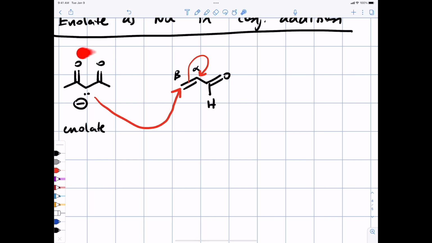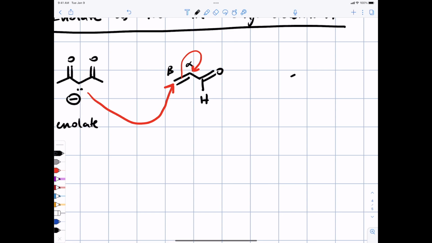In general, if you have an enolate and an alpha beta unsaturated carbonyl compound, you're going to do the conjugate addition reaction. The new bond we make in a conjugate addition reaction is with the beta carbon, between the beta carbon of your electrophile and the alpha carbon of your nucleophile.